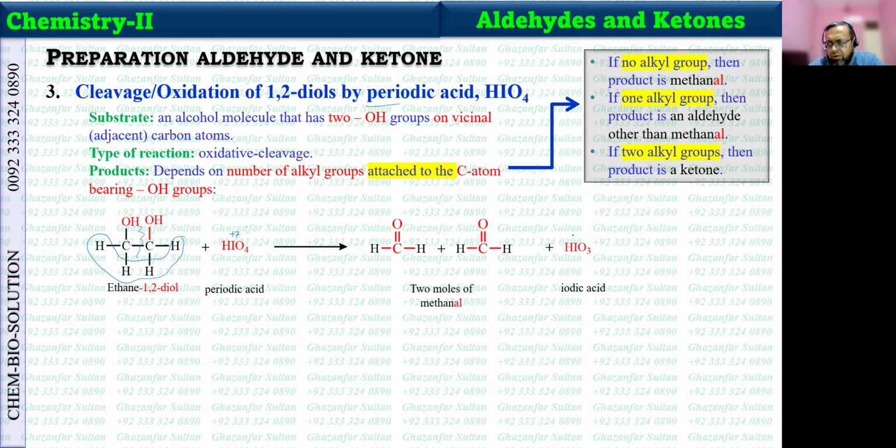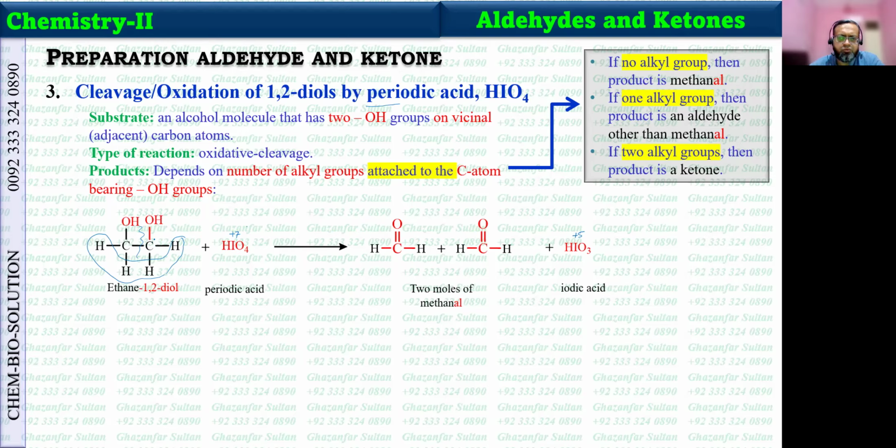And here, iodine has +5 oxidation state. So it means definitely it has gained electrons, so it is reduced. Iodine in periodate is reduced to iodic acid, while the carbon is oxidized into carbonyl compound.